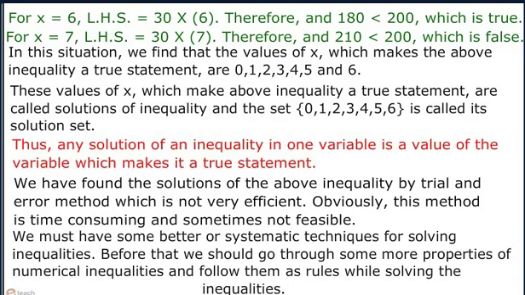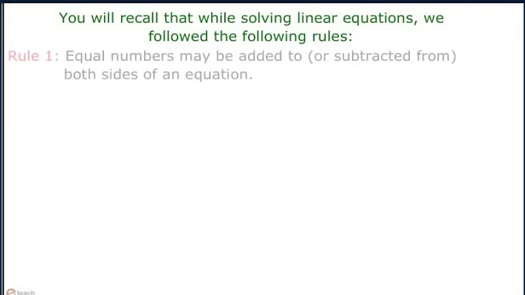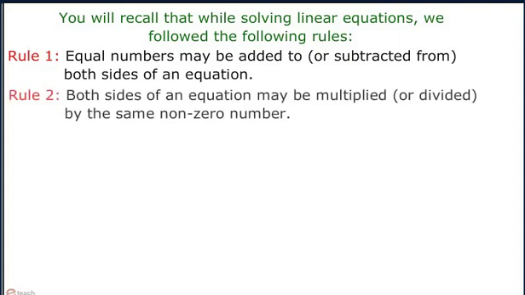Before that, we should go through some more properties of numerical inequalities and follow them as rules while solving the inequalities. You will recall that while solving linear equations, we followed the following rules. Rule 1. Equal numbers may be added to or subtracted from both sides of an equation. Rule 2.